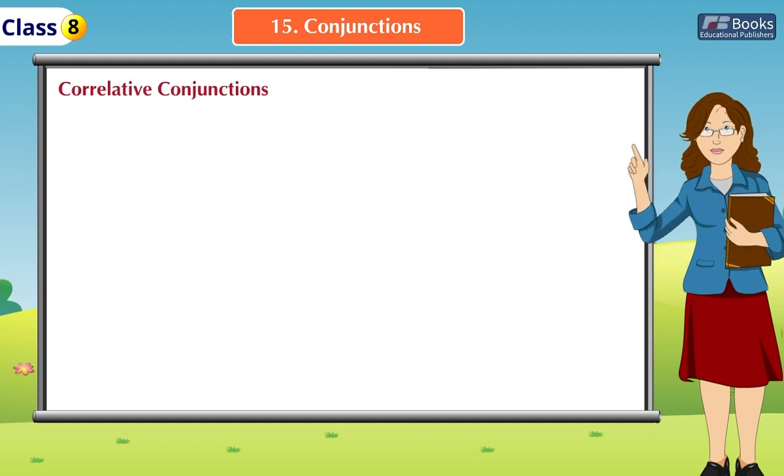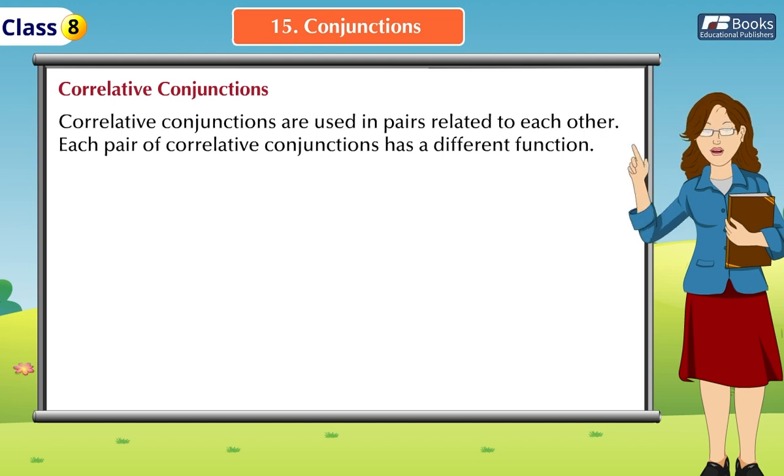Correlative conjunctions. Correlative conjunctions are used in pairs related to each other. Each pair of correlative conjunctions has a different function.